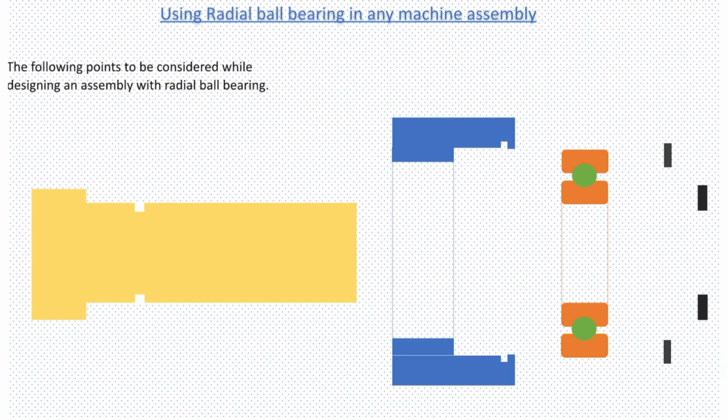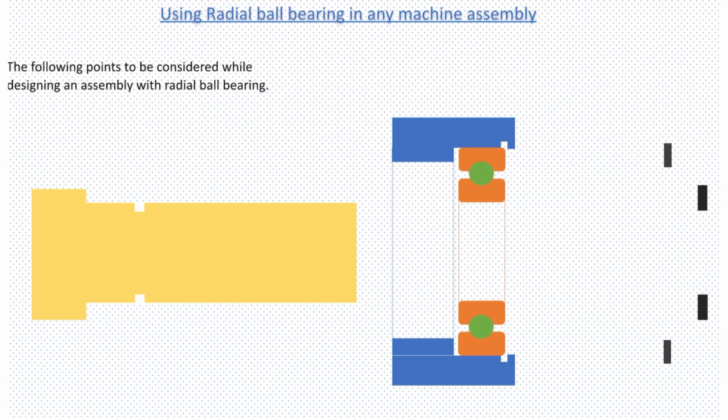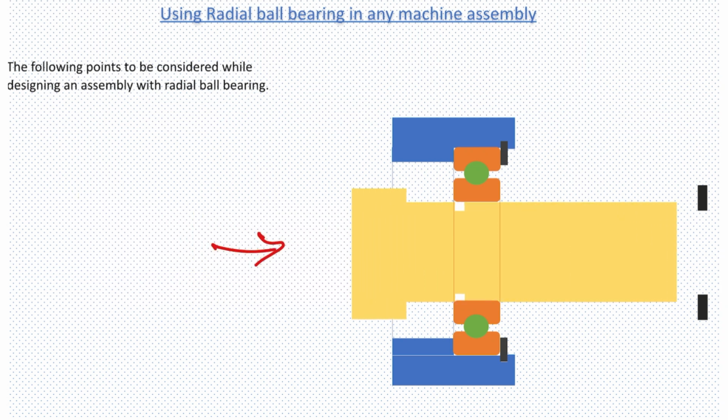Now we have assembled our bearing in the bearing seat and we are going to use our circlip so that the bearing doesn't come out during operation. Now we are going to assemble our shaft.